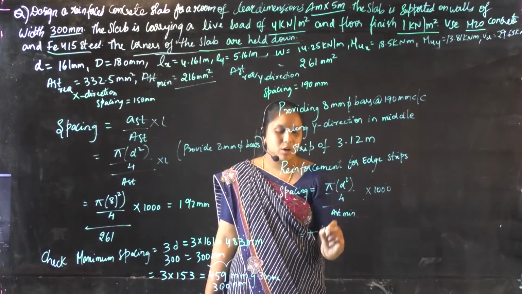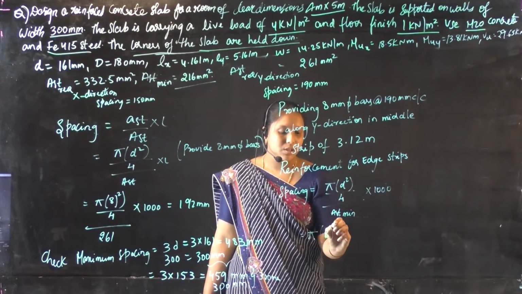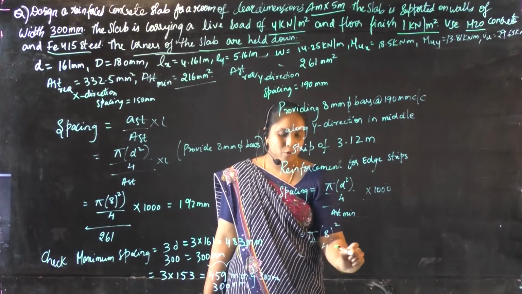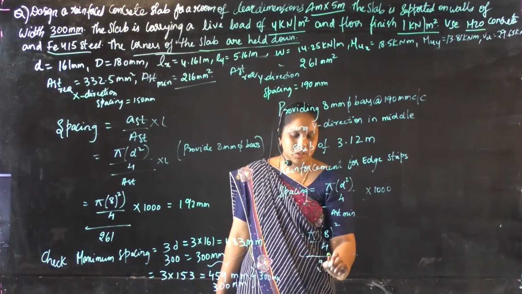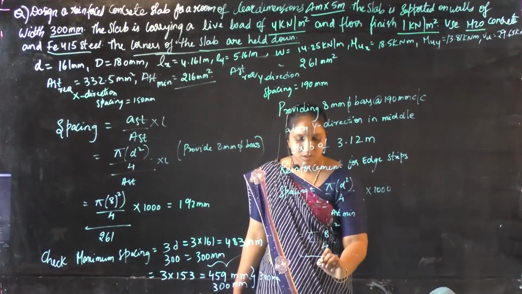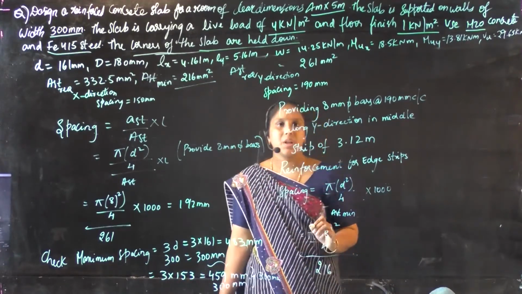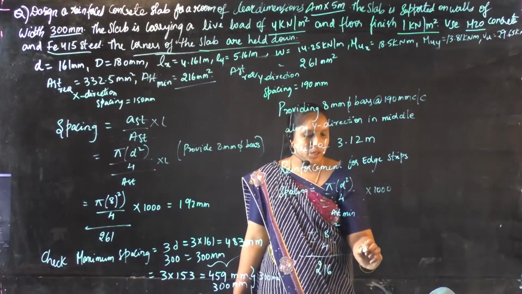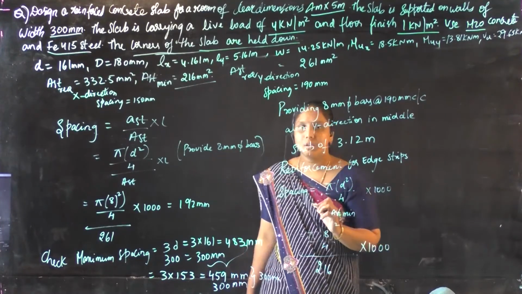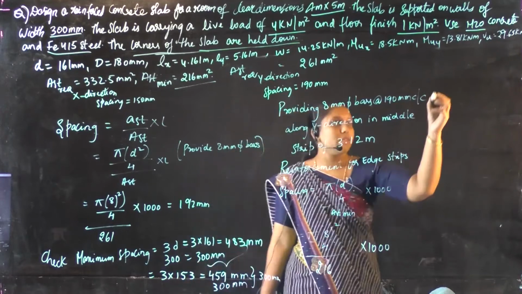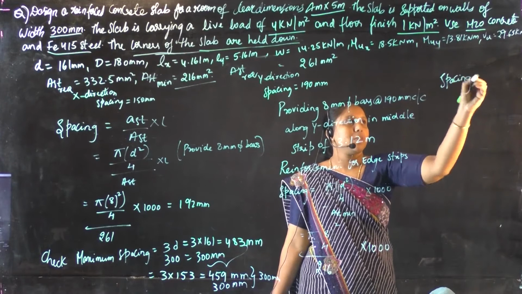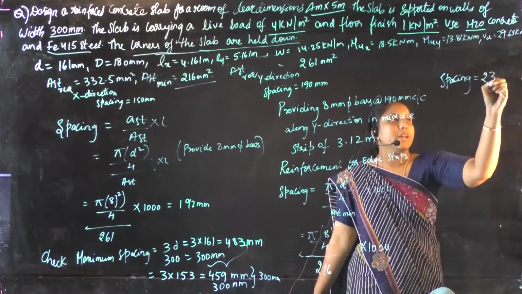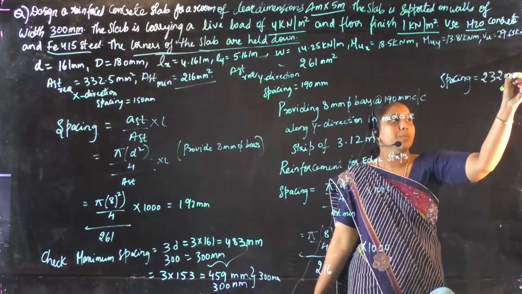So pi into, here also I am providing 8 mm dia bars, so 8 whole square divided by 4 divided by AST minimum. So what is the AST minimum? It is 216 mm square into 1000. So from this you will get the value of spacing, being 232 mm.